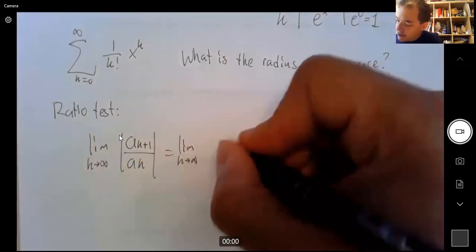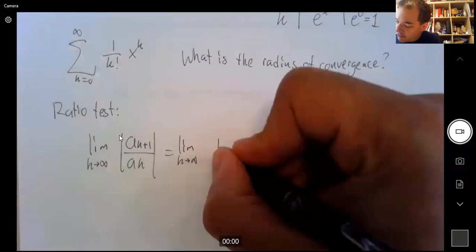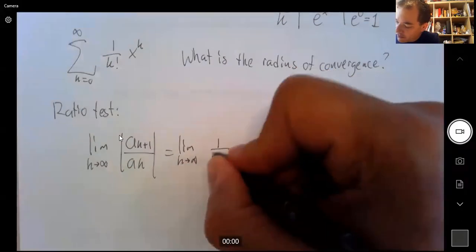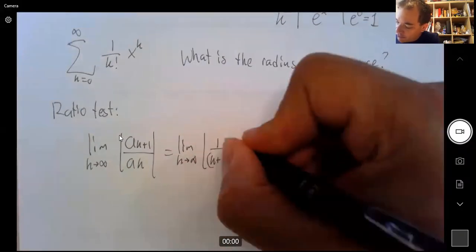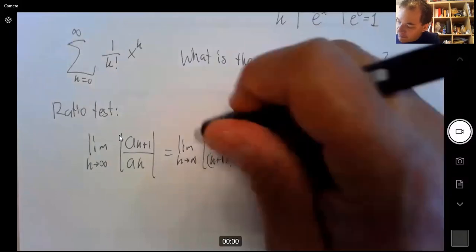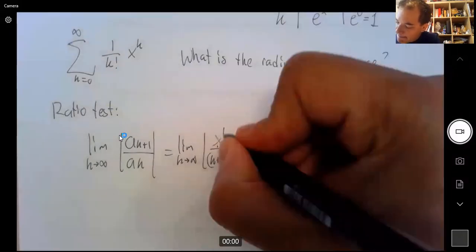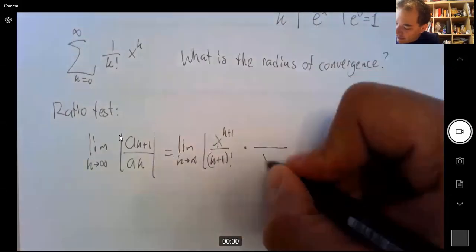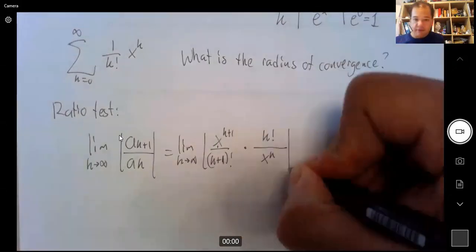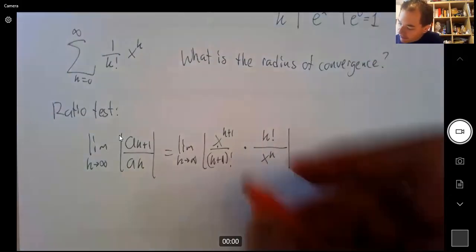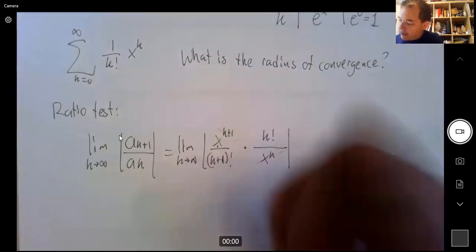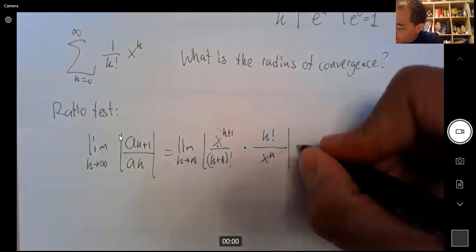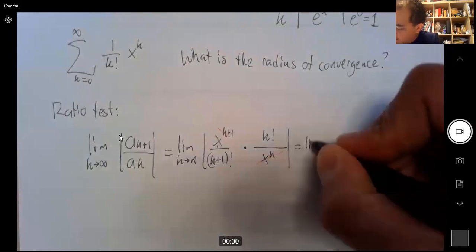1 over (k plus 1) factorial, x to the k plus 1, put it right here on top, times k factorial over x to the k. Right away, this x to the k cancels with the exponent k, and we can expand the factorials to see what else is going on here.